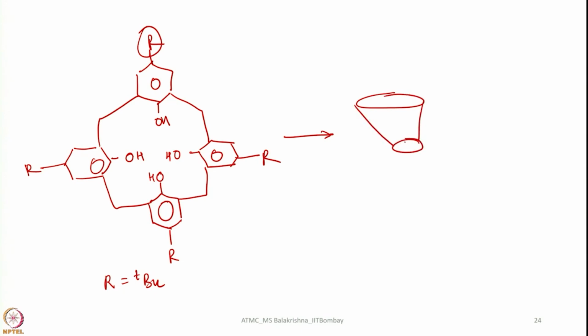In the lower rim we have OH groups, and in the upper rim, if it is t-butyl group, something like this we have. Because of the t-butyl group, it enlarges like this.